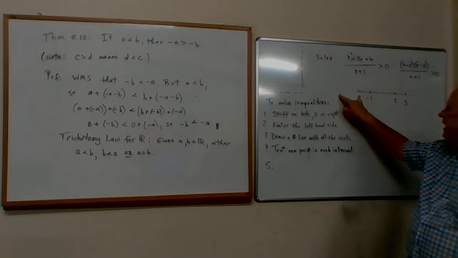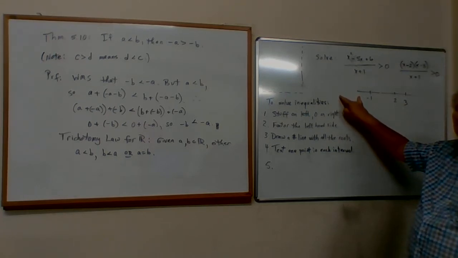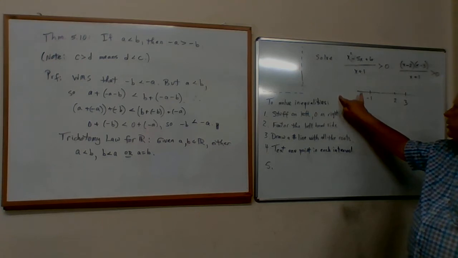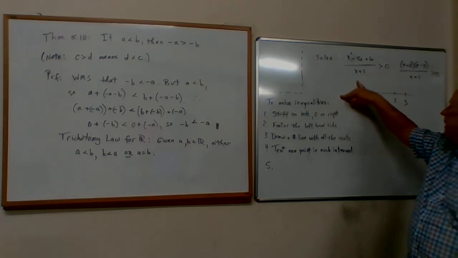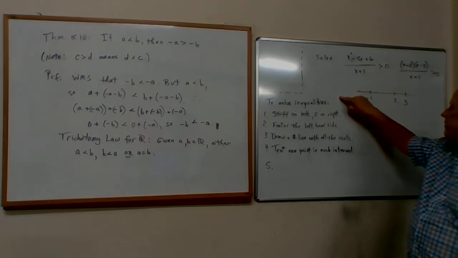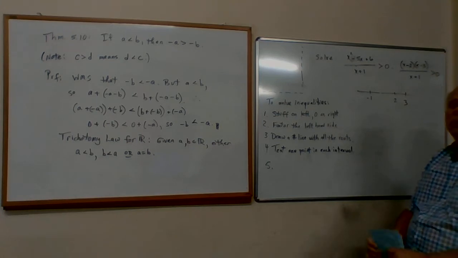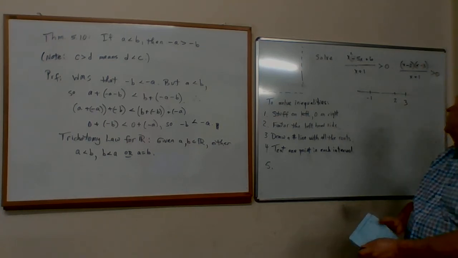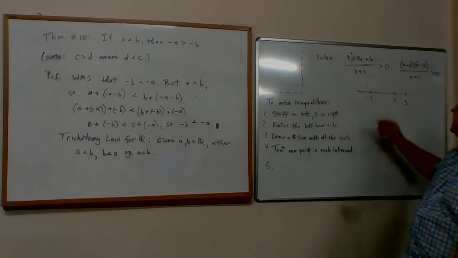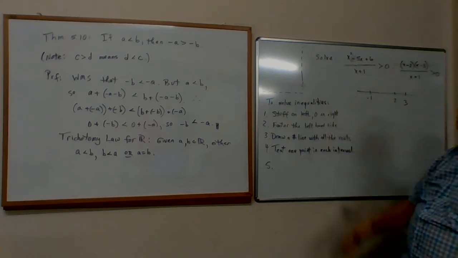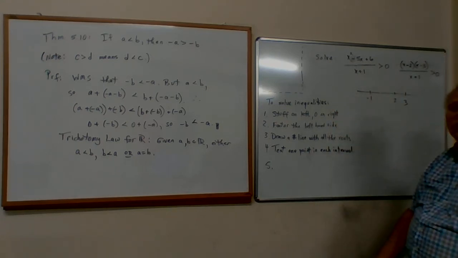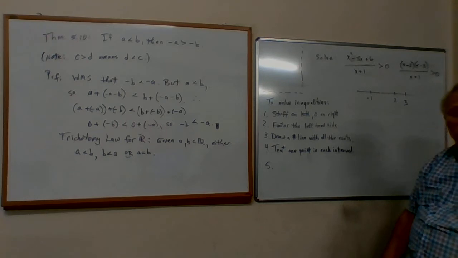If I plug in -17 and it comes out negative, and you were to plug in -2 and it came out positive, then somewhere between the two, it would have to go through 0, because this function being continuous every place to the left of -1, it satisfies the intermediate value theorem.